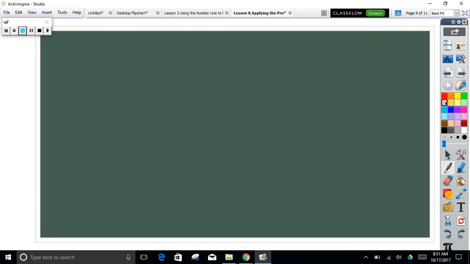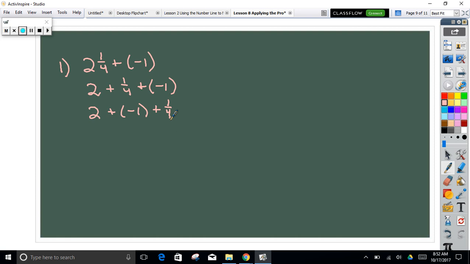So I'm going to do a couple with you. So number 1, we have 2 1/4 plus -1. And I would recommend doing this on separate paper so you have room to write this. What I would like you to do is split this apart into 2 plus 1/4 plus -1. And then you can rewrite it if you want, showing the commutative property, as 2 plus -1 plus 1/4.